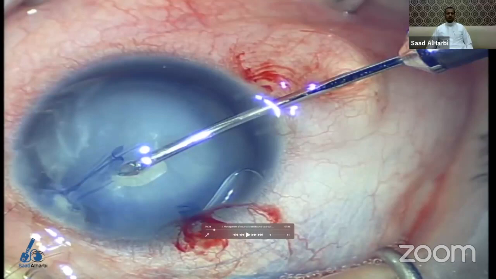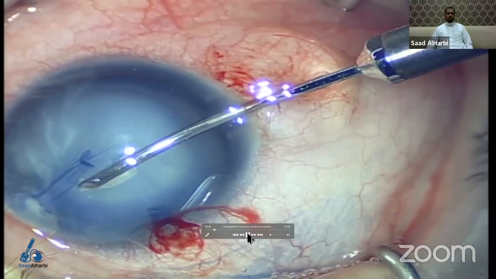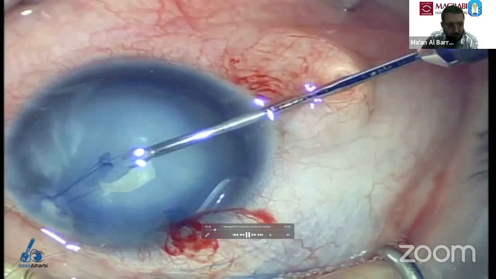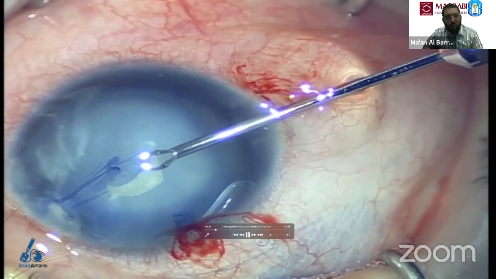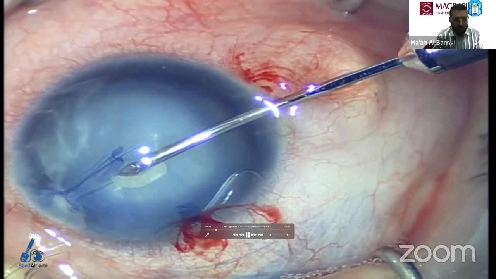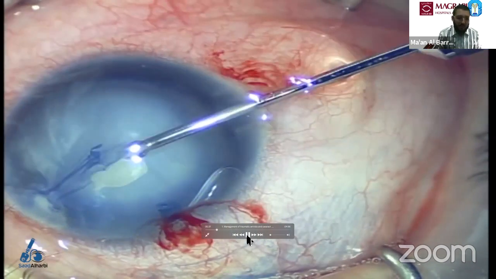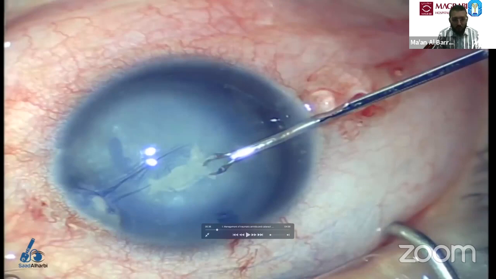Okay. Can I add a point? Yeah, go ahead, doctor. You asked in the beginning, would you intervene or would you wait? I think it's always a different situation. One needs to assess the situation. If the cortical matter is dispersed in the anterior chamber with fluffy material, inflammation, and uveitis, then one needs to intervene and perform probably a lens aspiration.